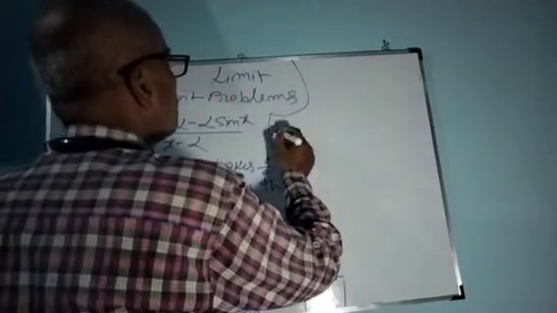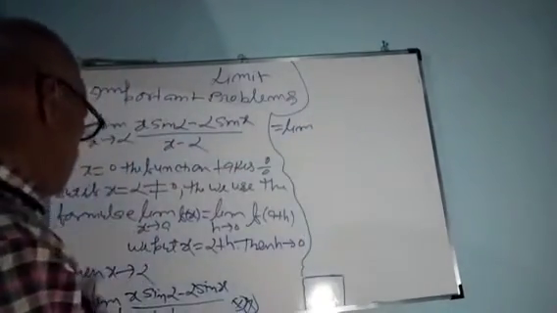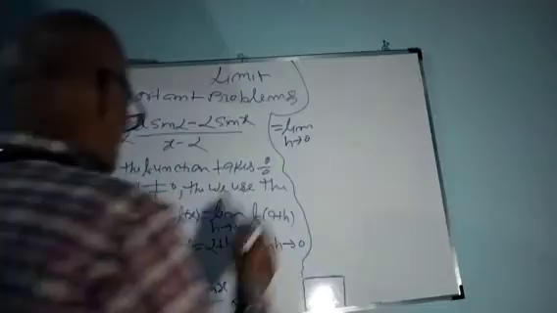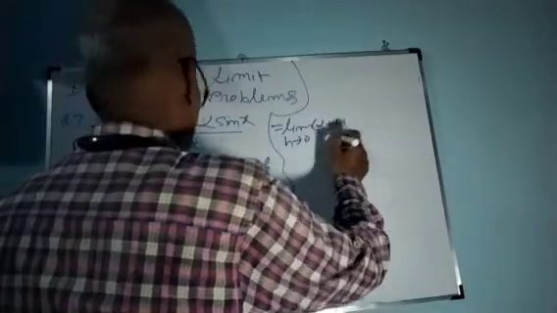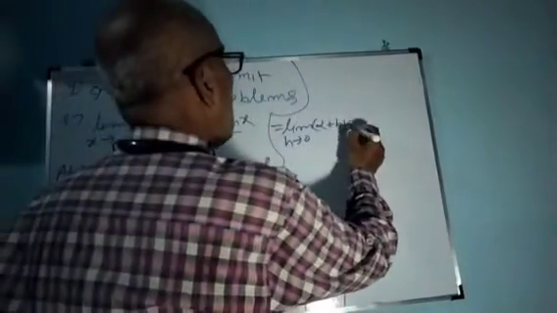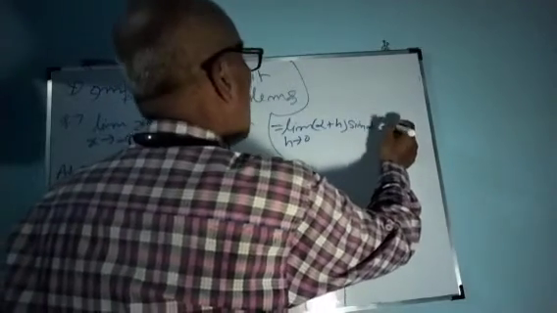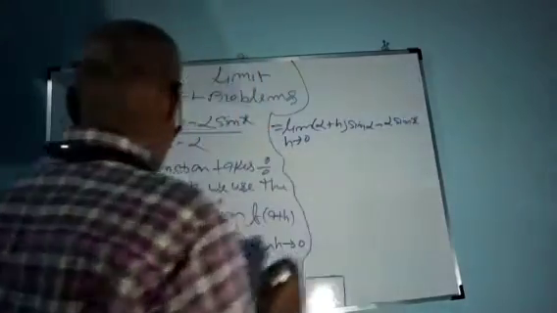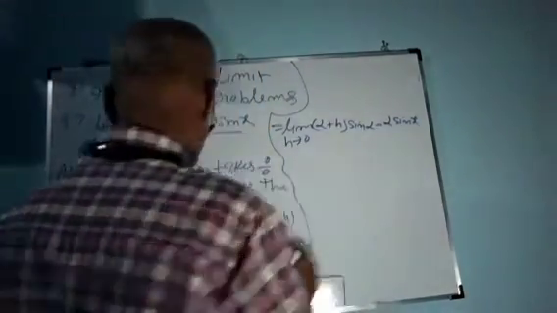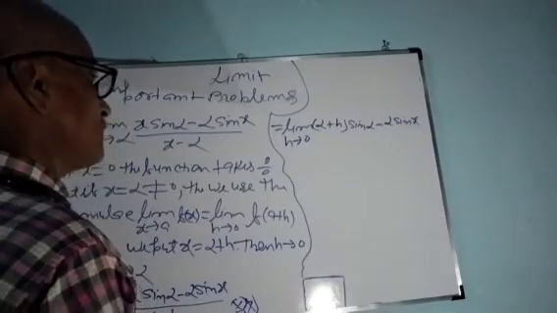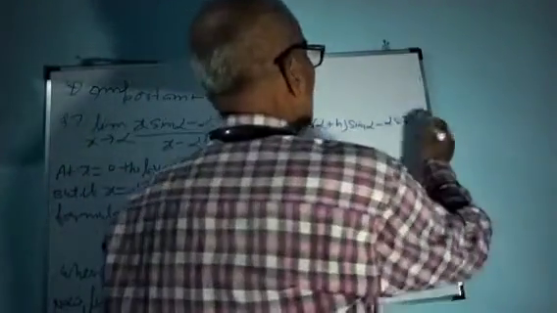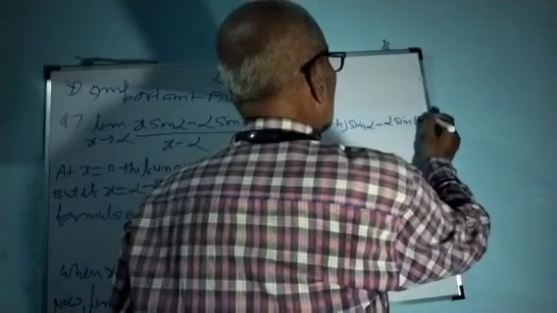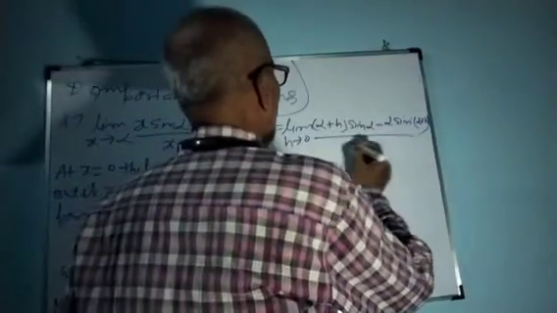This is equal to limit h tends to 0 of (alpha plus h) sin alpha minus alpha sin(alpha plus h), by h.